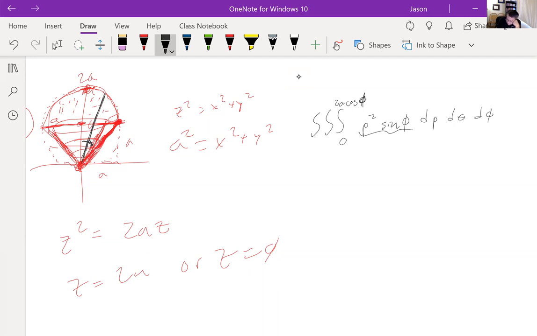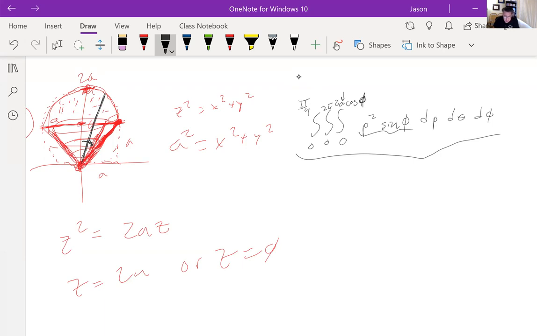Theta is going to go 0 to 2 pi, and phi is going from 0 to pi over 4, I believe. Yeah, 0 to pi over 4. And again, just look at the one that we did in class. It's the exact same thing, with the exception that you get an a here.